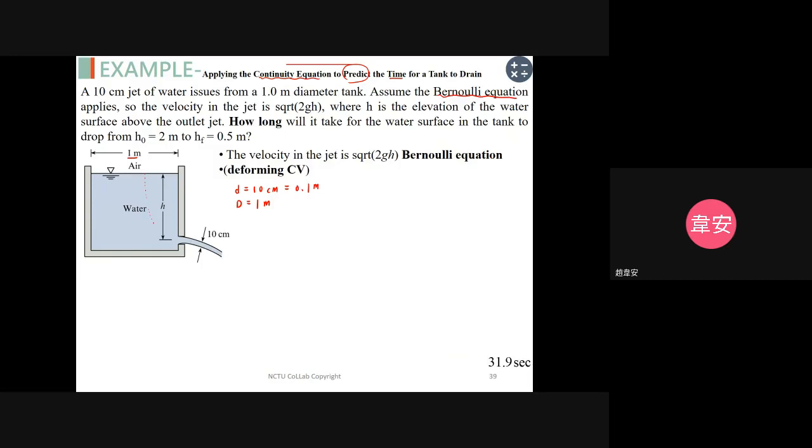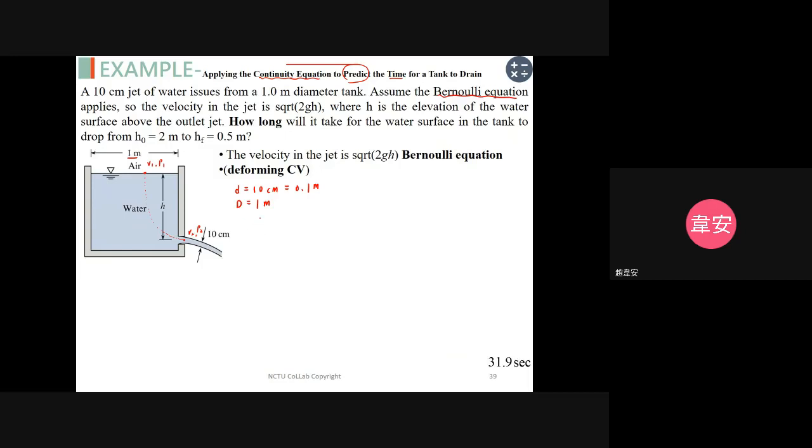So what does that mean? This dashed line is our streamline. As you remember, along the streamline we know the V1 in here and the P1 in here, and there is the V2, P2, along the same streamline.